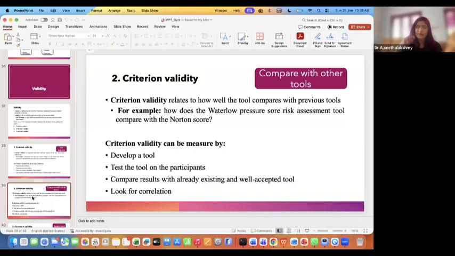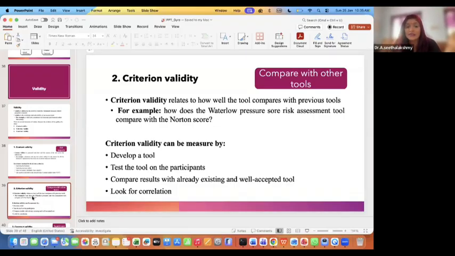That is, when your tool is compared with the existing tool, somewhere they have to correlate. Not exactly 100% correlation, but at least a significant level of correlation should be there between the existing tool and the newly developed tool. Only then is the newly developed tool valid.